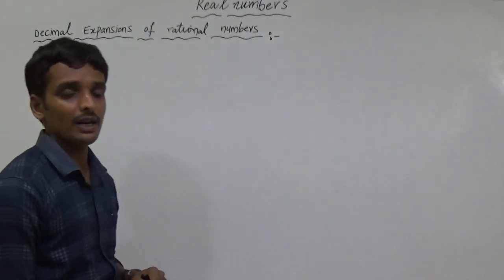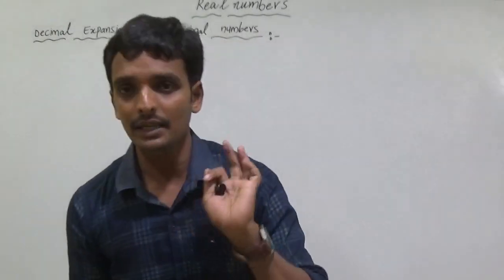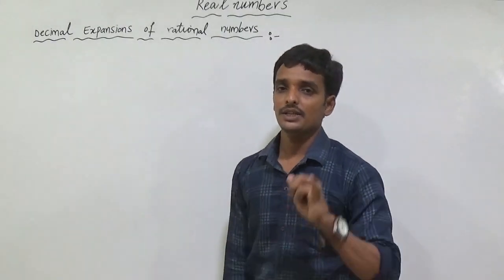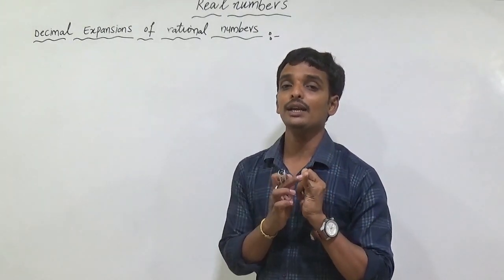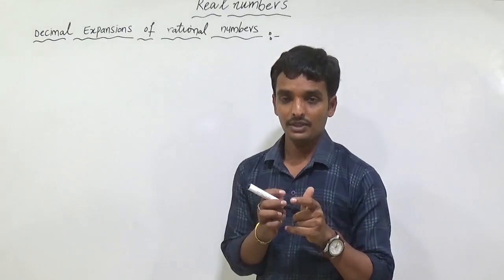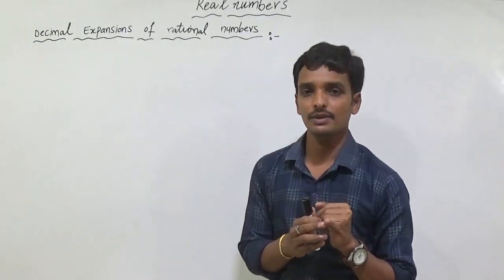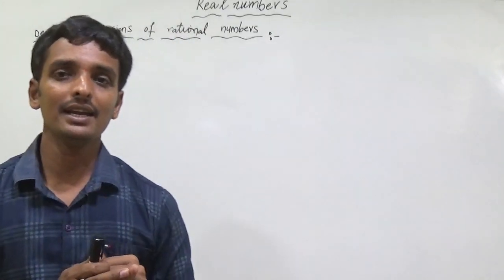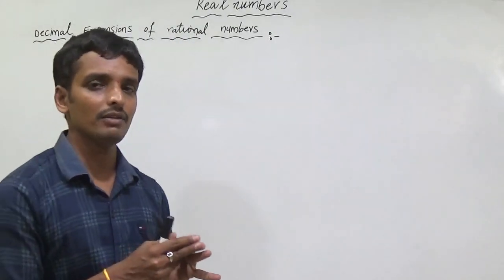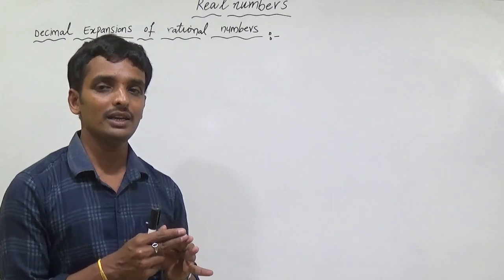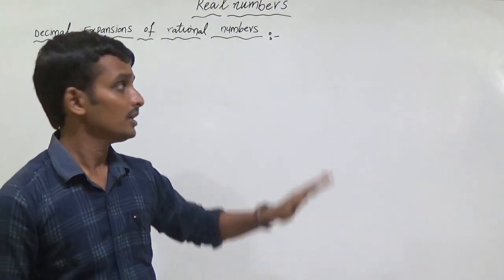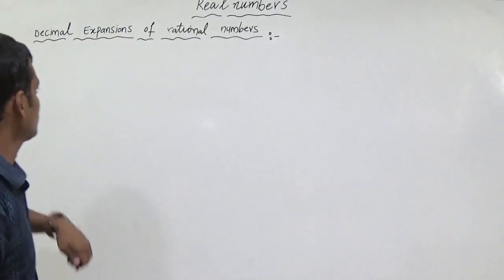Actually, the decimal expansions are three types. The first one is terminating decimals, the second one is non-terminating recurring decimals, and the third one is non-terminating non-recurring decimals. We have to learn these three words, then we can go to the representations.